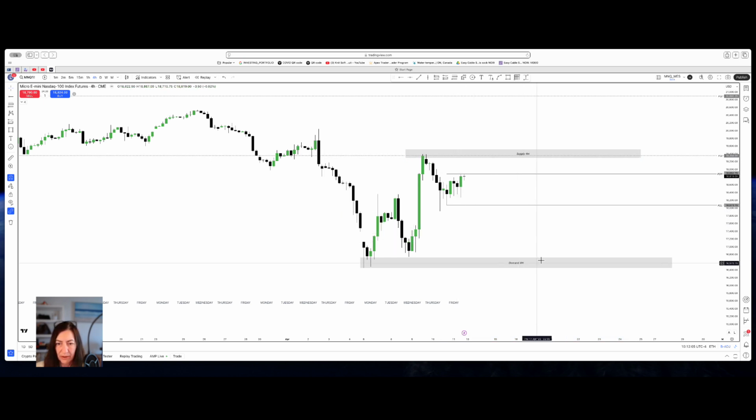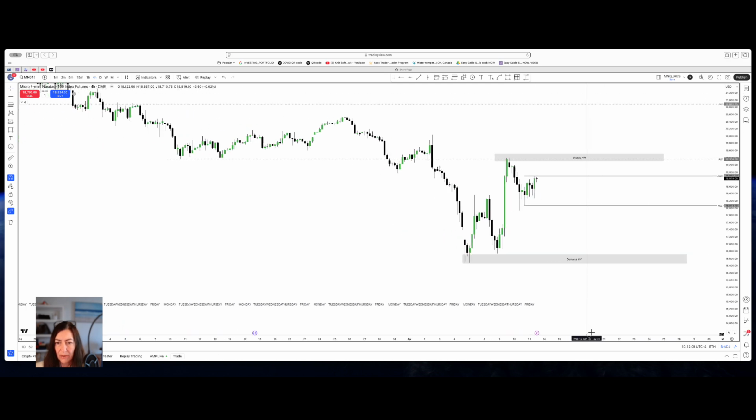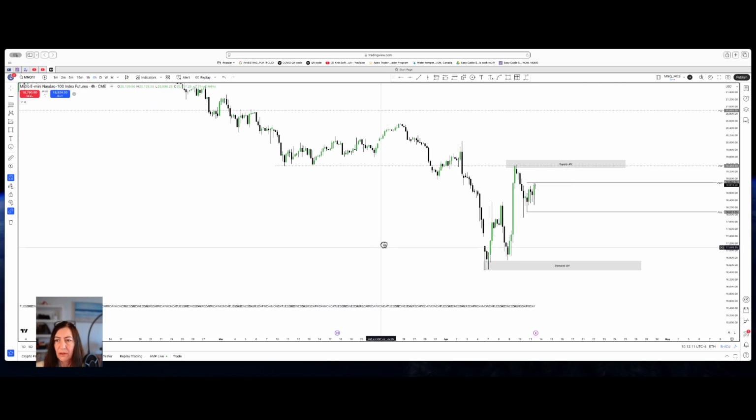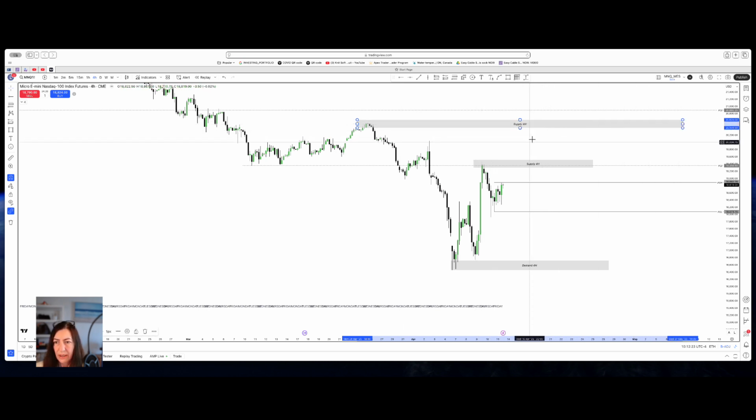And I have my demand area here. Now, let's take a closer look at, I'm also going to draw in this area here as a major supply area.